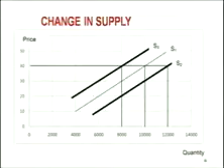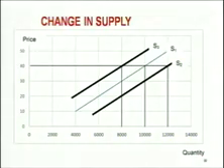Similarly, suppose my expectation regarding a particular commodity goes up, then I would prefer to supply more and more of the commodity to the market. That means my curve would shift from the current supply curve to the right, to the S2 curve.